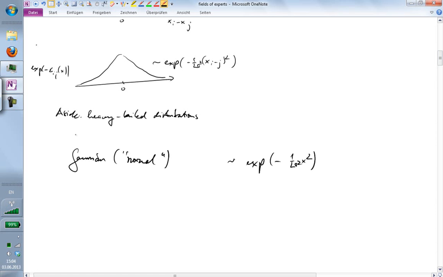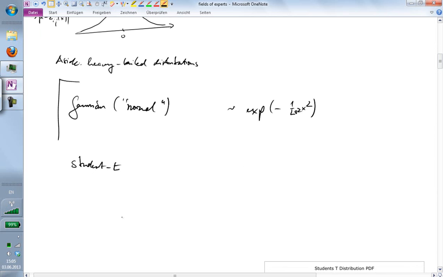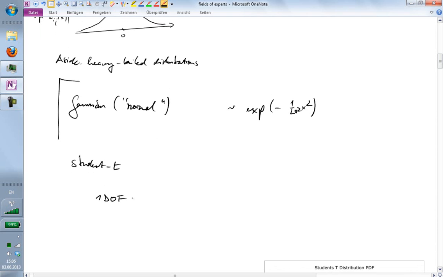Now, one important model for a heavy-tailed distribution is the student t, which has one more parameter, namely its degrees of freedom. And for 1 degree of freedom, this is proportional to 1 over 1 plus x squared.